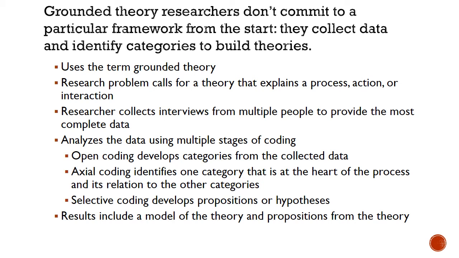And the grounded theory approach involves an iterative coding process where they flow from open coding, where they just try to code everything they can see, not necessarily sticking to pre-existing categories that they've seen elsewhere. Axial coding then drills down deeper. You find some category from the first pass that seems really important or core to the process of interest, and then try to relate it to the other categories that have emerged.